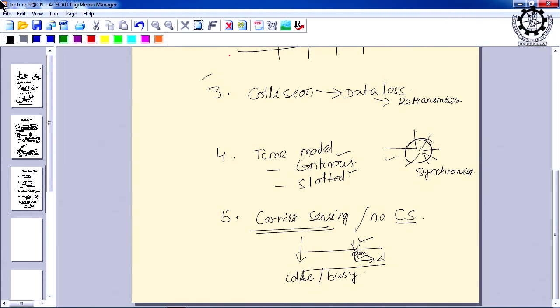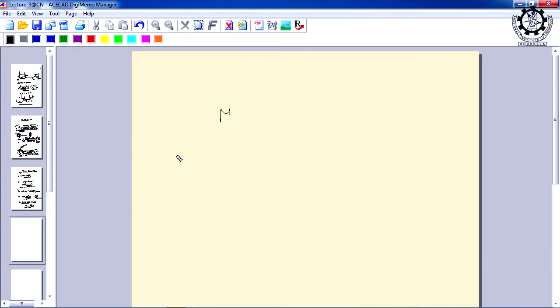So, with all these 5 assumptions and 5 models, you can have different MAC layer protocols, or what we say rules for transmission into the channel, the MAC protocols. Similar to your DLL protocols, the data link protocols, for every function, every job there is a protocol required.